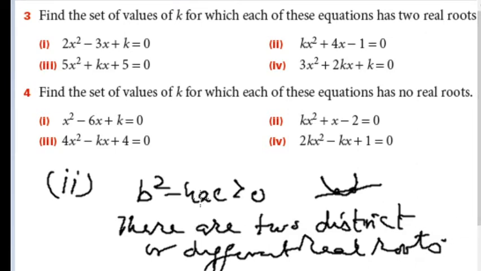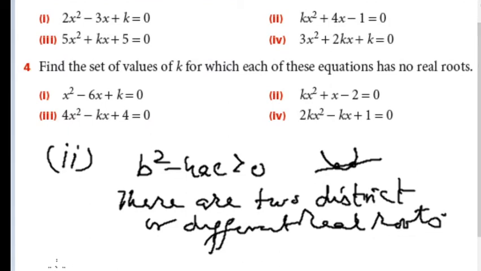Now the question is: find the set of values of k for which each of these equations has two real roots. When there are two real roots or two different roots, it should be understood that the discriminant is greater than 0.